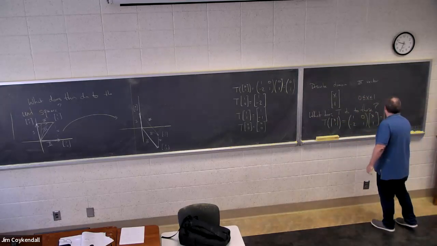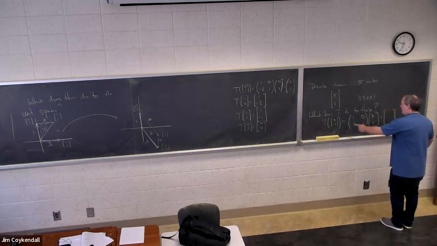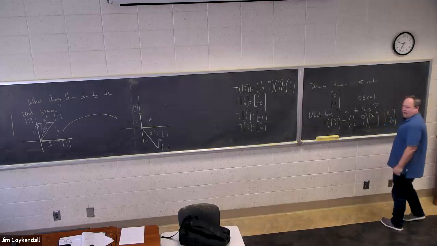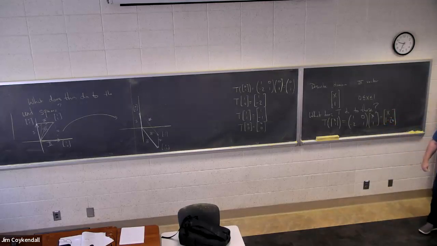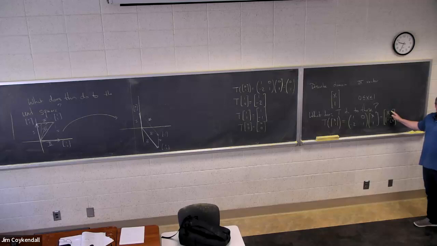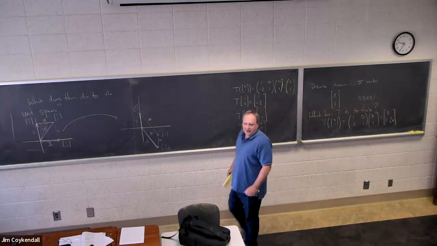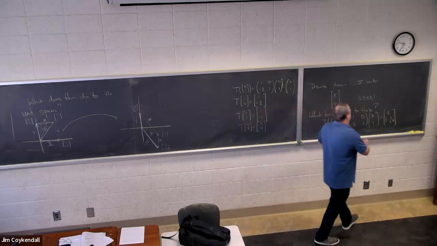So let's multiply this out because I erased my formula. This is x, and this is 1 minus 2x. Everybody okay with that? Now this is a little bit harder to see than the previous one because I've got a moving first coordinate and a moving second coordinate, right? Everybody agree with me?